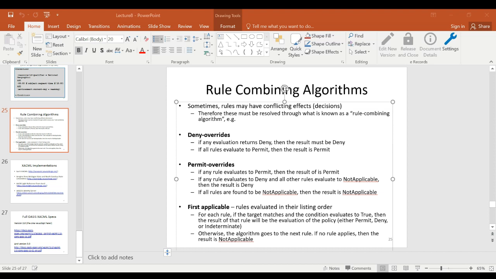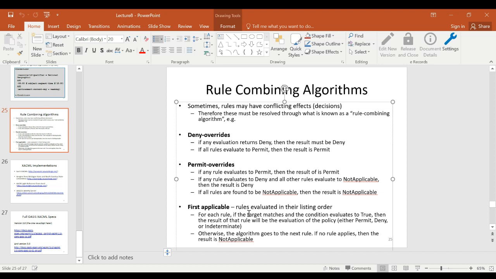So the deny override, in other words, is very cautious. The permit override is the least cautious of all. It's more configured to allow things to move forward, so that you can do things.